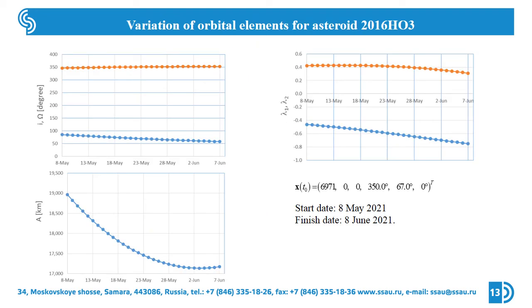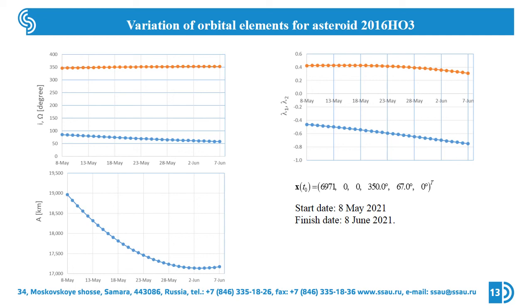The start orbit of the spacecraft is a near-polar circular low Earth orbit with state vector x of t0. Asteroid 2016 HO3 is selected for calculation. This picture shows the variation of the orbital elements of the asteroid from May 2021 to June 2021.